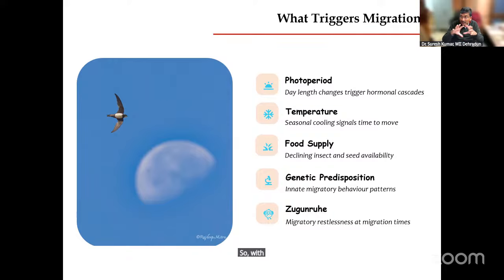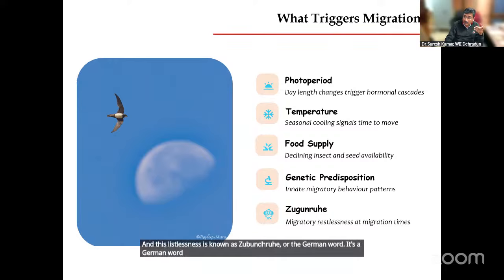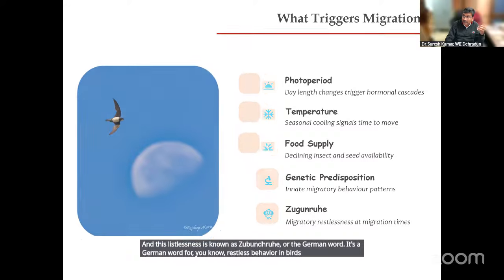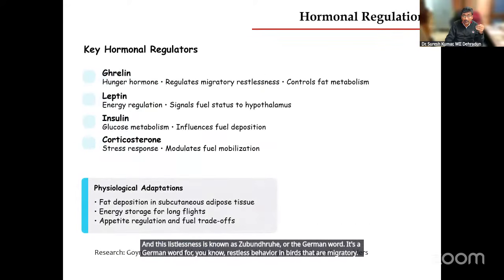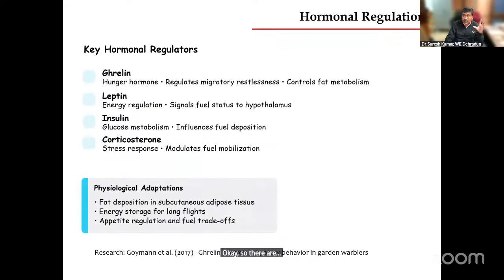So with all of these things happening, the birds start to show restlessness, and this happens at the start of their migratory state. This restlessness is known as Zugunruhe, a German word for restless behavior in birds that are migratory. Okay, so there are key hormonal regulators that influence these changes.